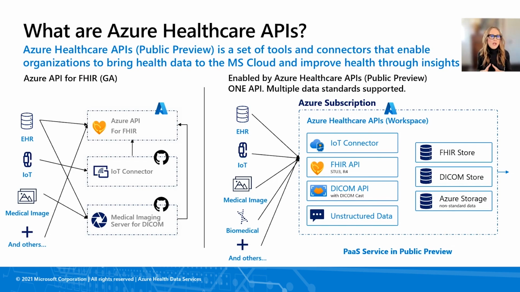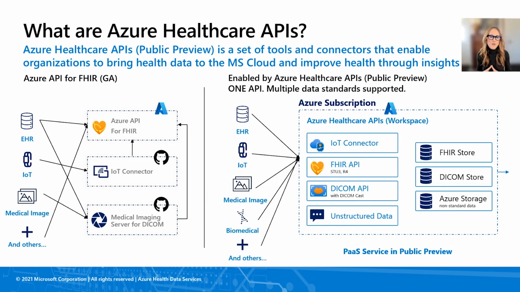As we move Azure Healthcare APIs to becoming a GA service, our GA capability under our BA agreement will support PHI in that environment, as opposed to public preview, where we do not support PHI. We'll be really excited to bring some new capabilities into the technology, such as workspaces for security, authorization, and access management.